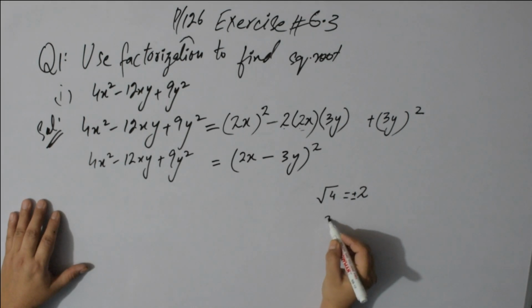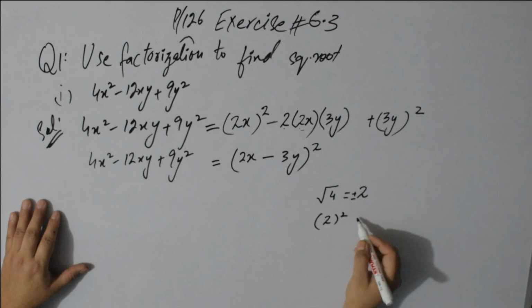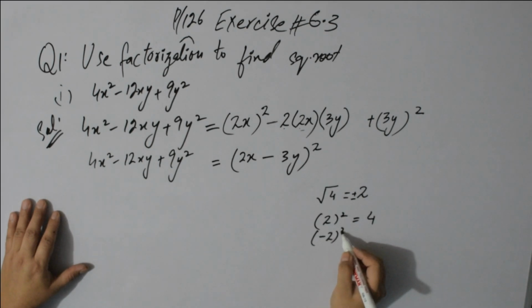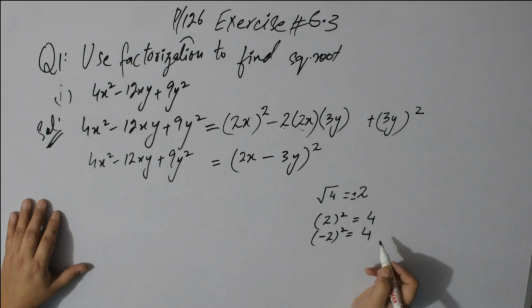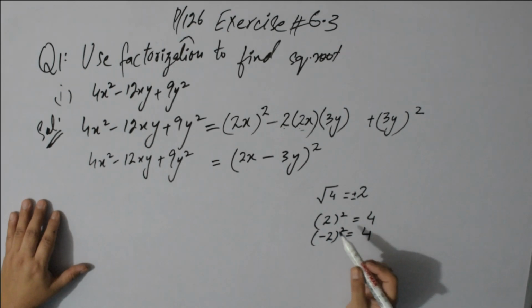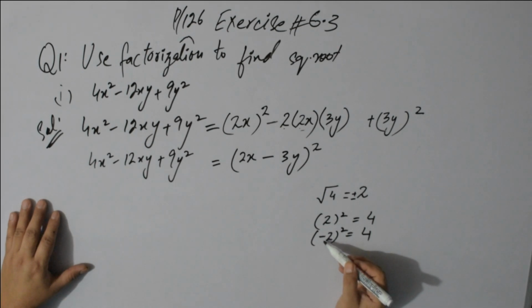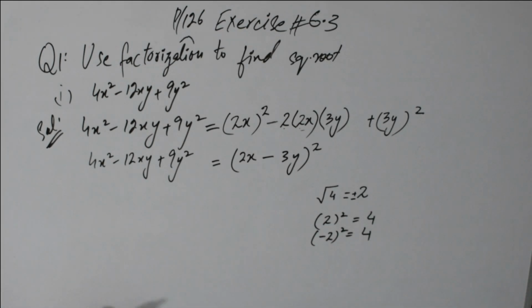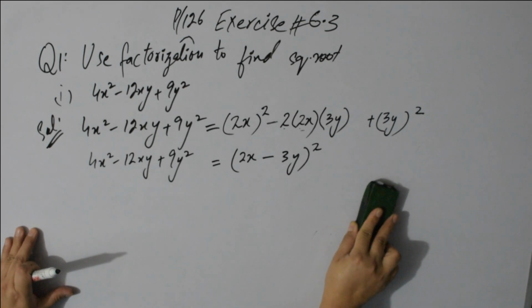As you know, 2 whole square is also equal to 4 and minus 2 whole square is also equal to 4. Now I don't know whether this 4 is of 2 or of minus 2. That is why we put plus minus 2 in square root in such cases.